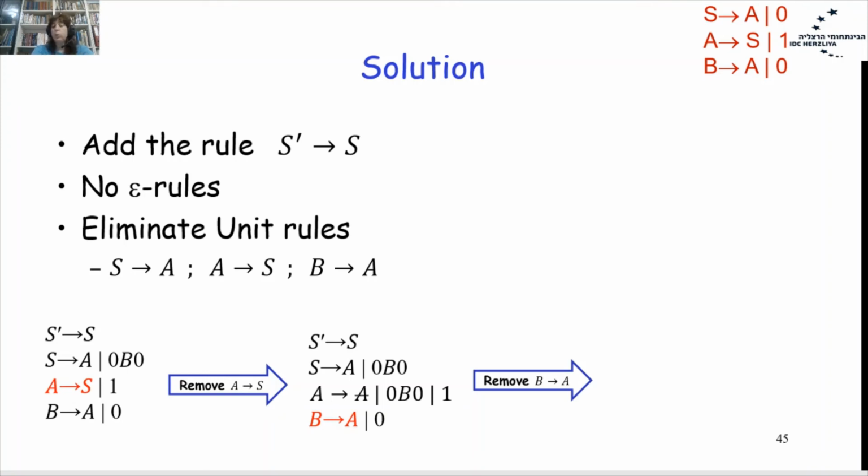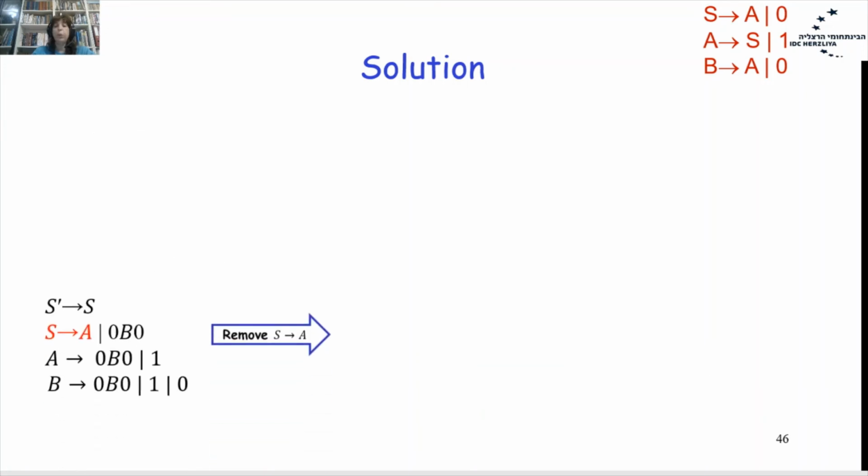Okay, we continue. The next rule we will remove is B derives A. Once again, we will replace A on the right-hand side by all the productions of A. So we will add to B the productions 0B0 and 1, and we will also keep the original production 0.